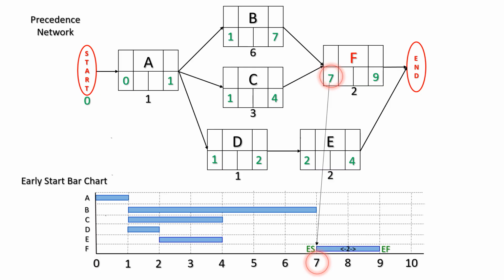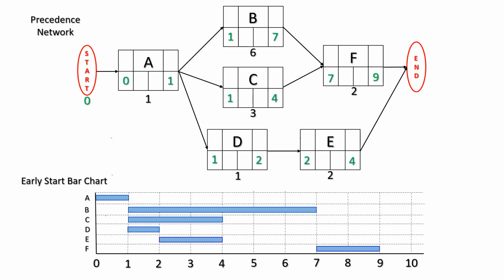And checking our work, we'll examine the early finish of F and see that it is in fact 9. So the early performance of F will be from 7 to 9.